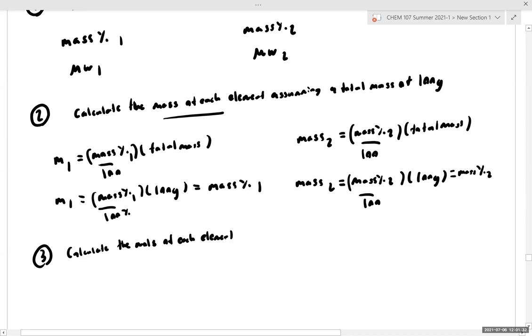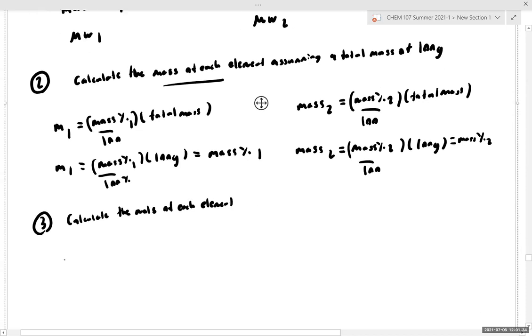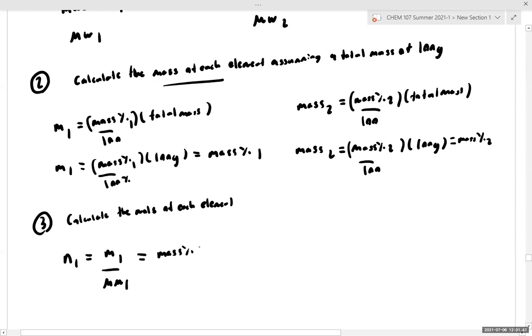So we can calculate the moles of each element using the mass and the molar mass, right? We can calculate the moles of element 1 by taking the mass of element 1 over the molar mass. So we can do that by taking the mass percentage in this case over the molar mass.